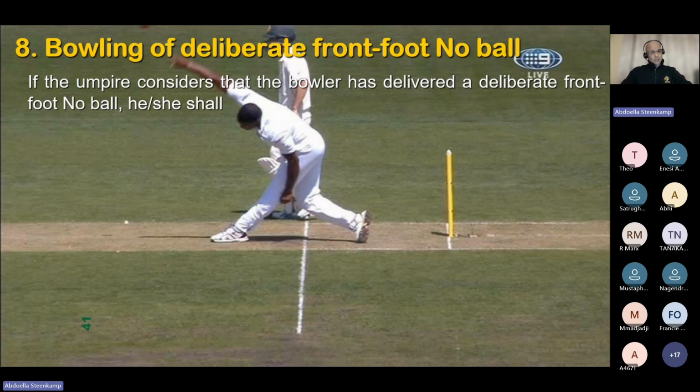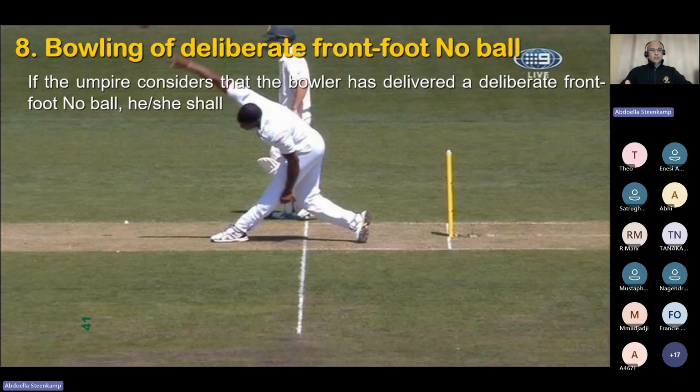Let us go through the punishment, and I'll go into a bit more detail on this, and I'll use a practical example that happened to me two seasons ago in a four-day match. But let's first have a look at what the law tells us.